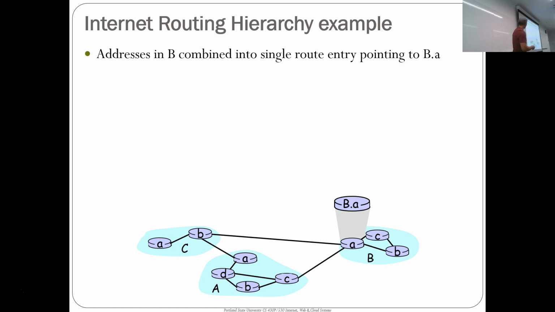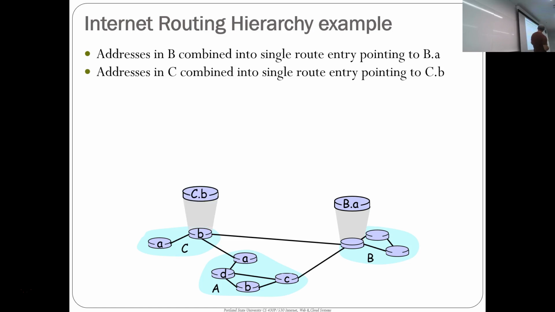Addresses in B would be combined into a single route, and this route would be this border gateway router. And so instead of pointing to individual hosts inside of B, you can hide the topology of B behind this single route B.A.